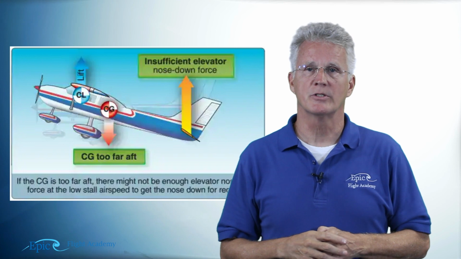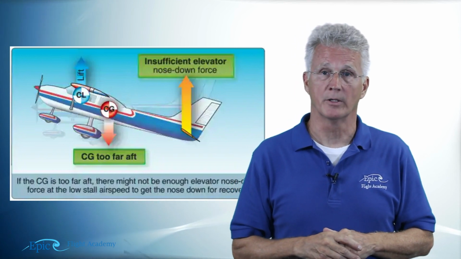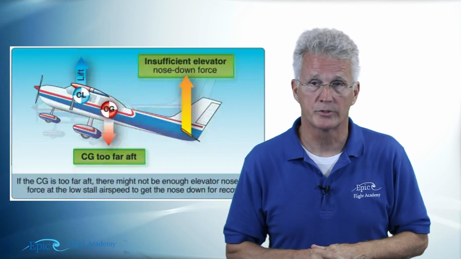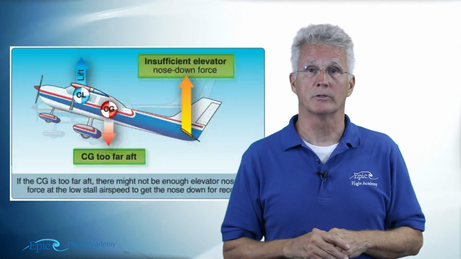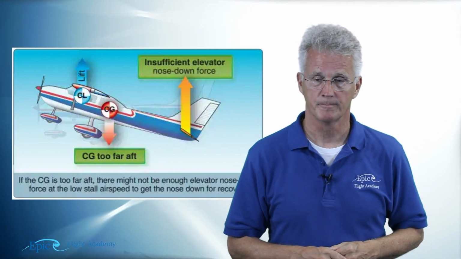So that aft CG will give me better cruise performance and fuel economy. The forward CG will be less efficient cruise performance and worse fuel economy.